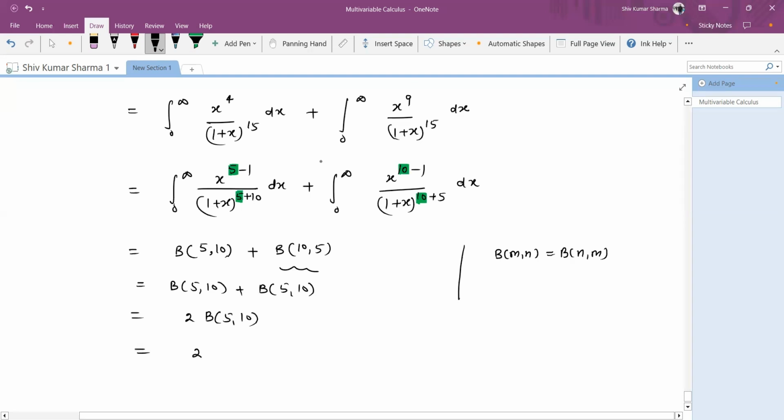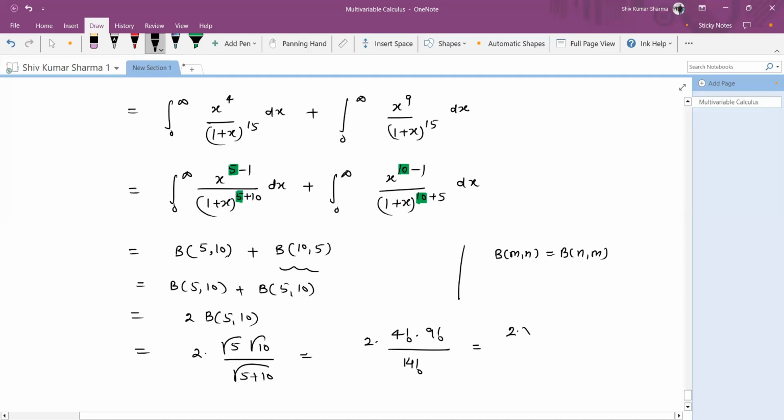Beta 5 comma 10 means gamma 5 gamma 10 upon gamma 5 plus 10. So this equals 2 into factorial 4 into factorial 9 upon gamma 15, which means factorial 14. So you can simplify this.